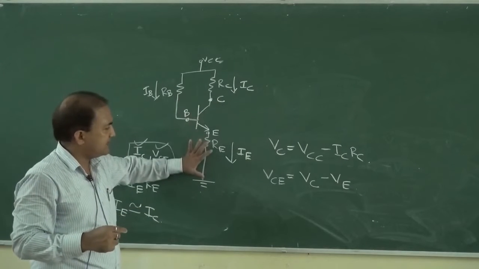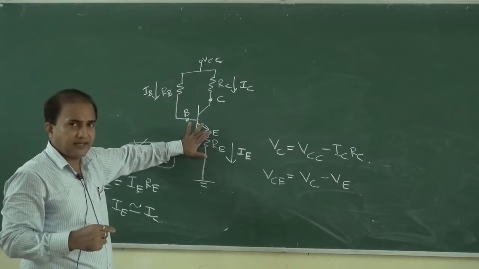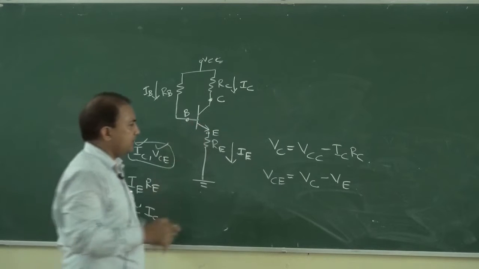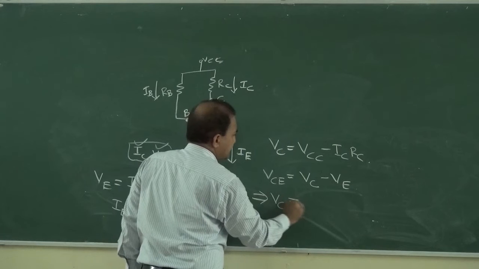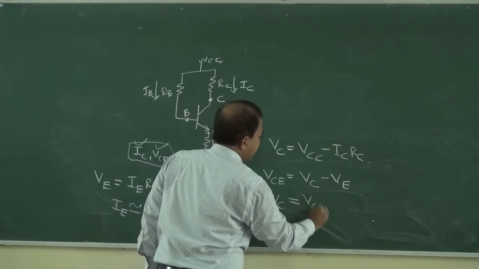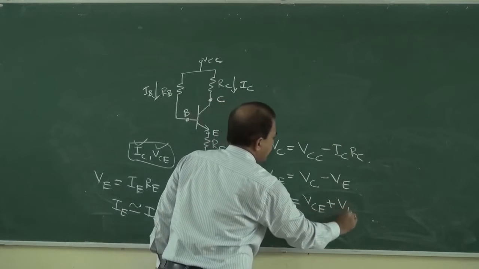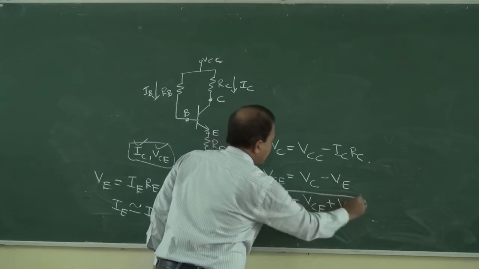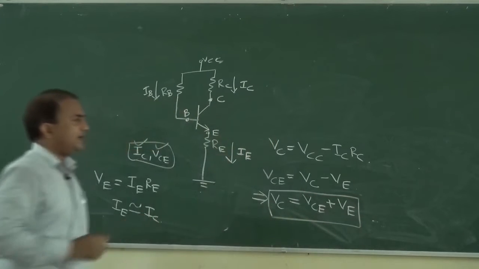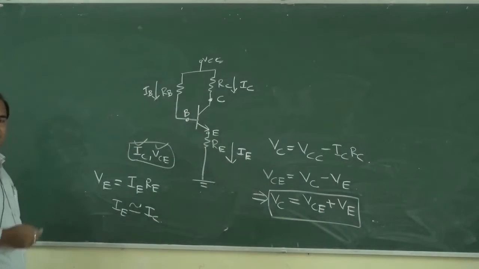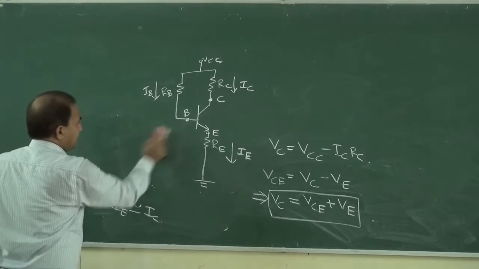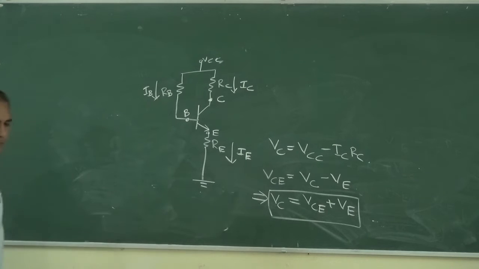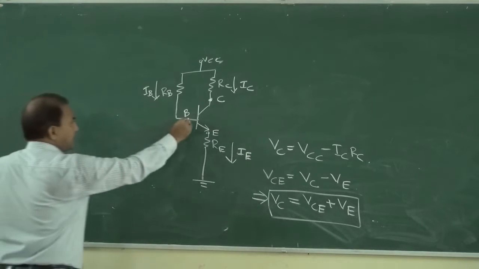Voltage of C with respect to ground minus voltage of E with respect to ground. So from this equation we can get VC, it is equal to VCE plus VE. In this way we can determine voltage at C. Then how we can determine voltage at point B? Voltage at point B.